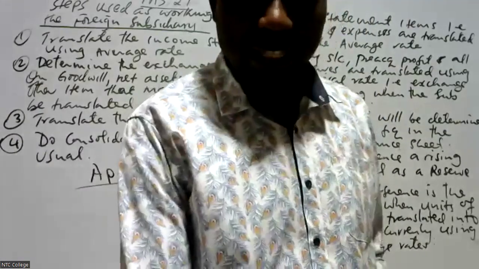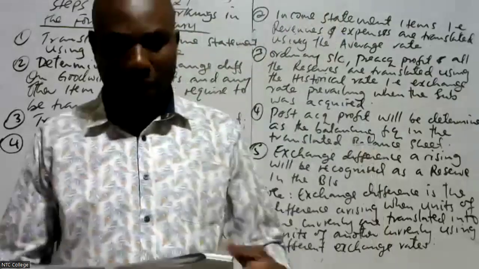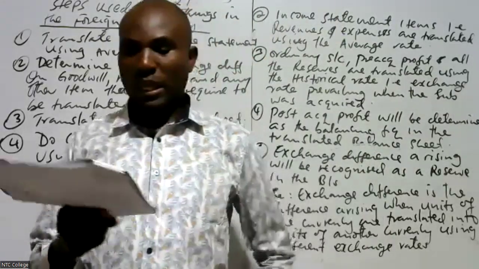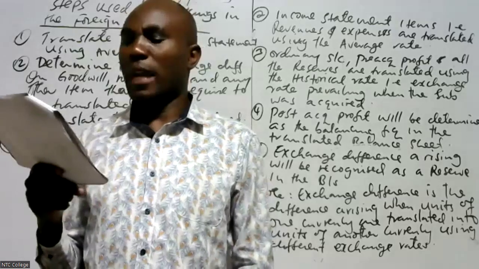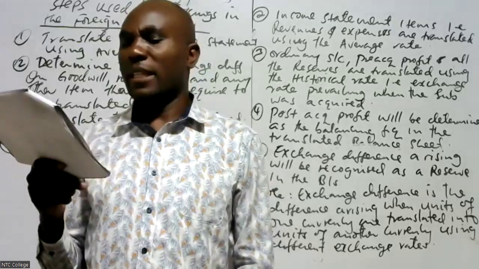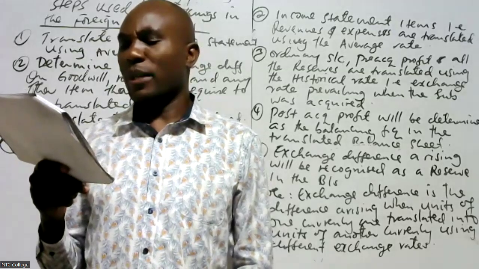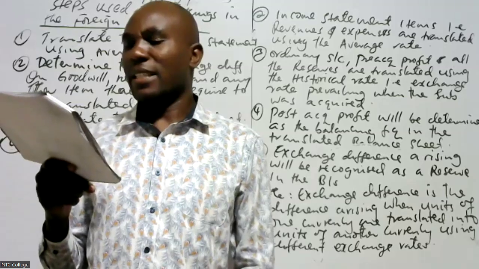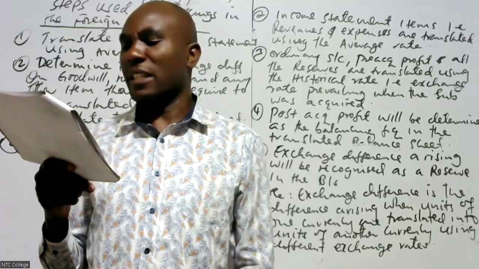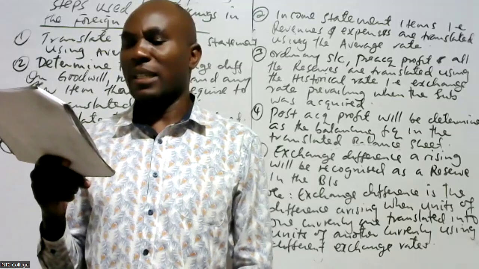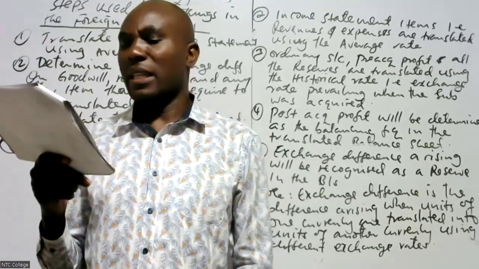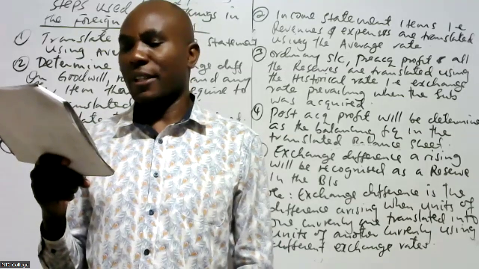Now, let's read this question and see what the examiner wanted. Question number 1, B Limited is a public limited company listed in the Securities Exchange. It has diversified its activities by acquiring S Limited, a company domiciled in a foreign country.